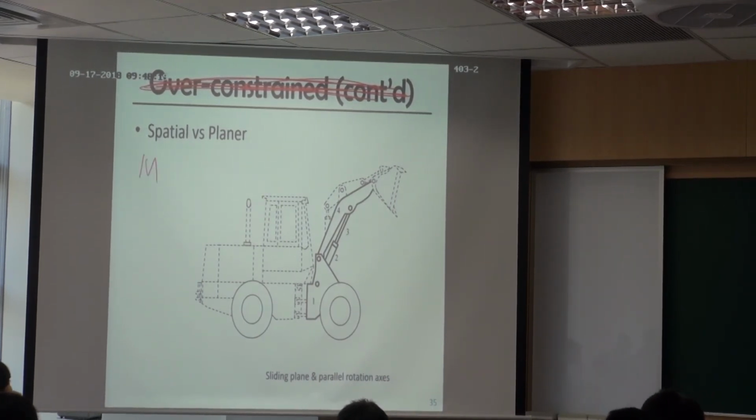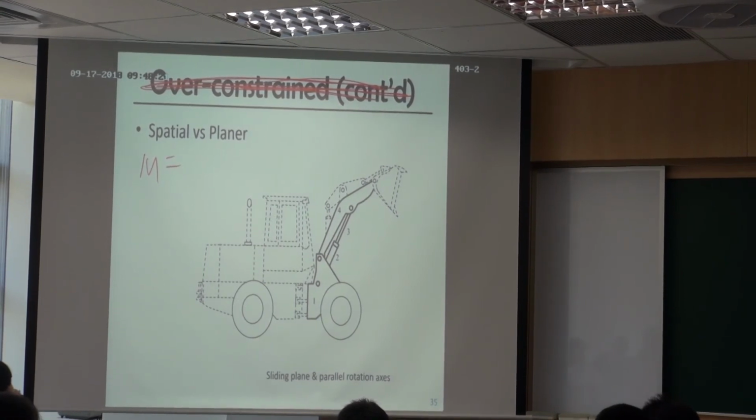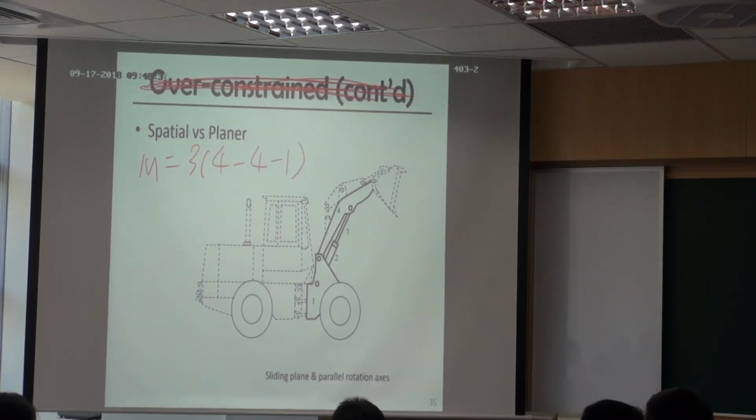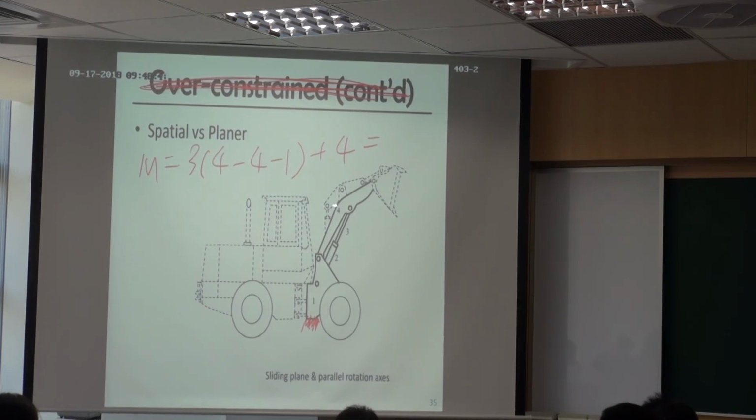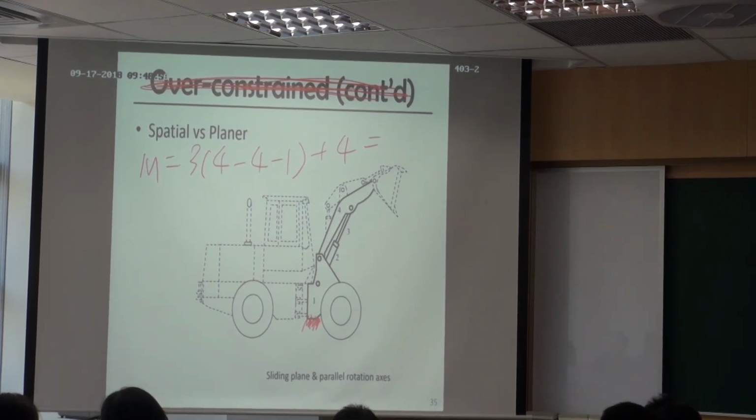Right now we have 4 links. We also have 4 joints, and minus 1, considering link 1 as the ground link. We need to plus 4 back because each joint contains 1 degree of freedom. So the R joint, the sliding P joint, and the R joint all have 1 degree of freedom.